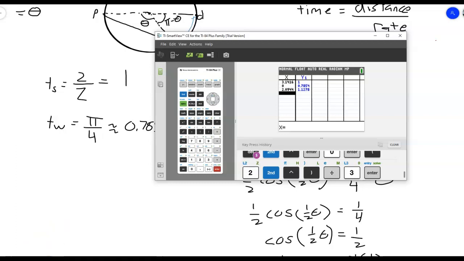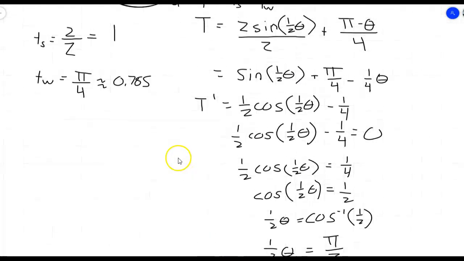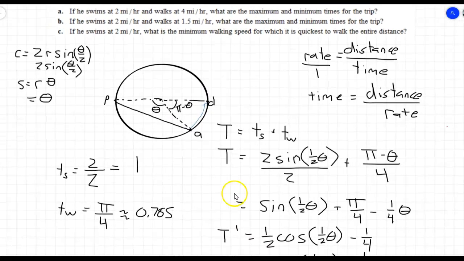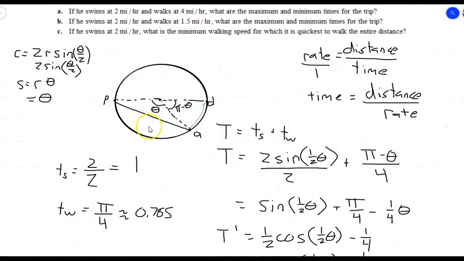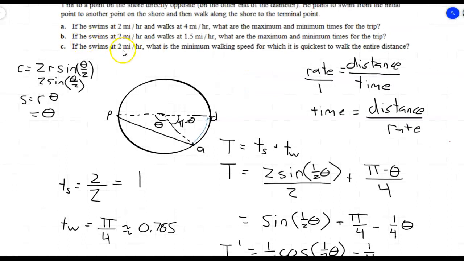Let me make sure that that point was right. Yep. So the fastest way to do this for part A is if he walks the entire way around the pond.